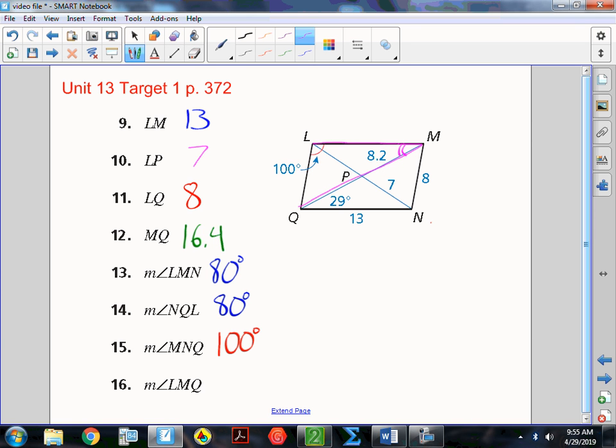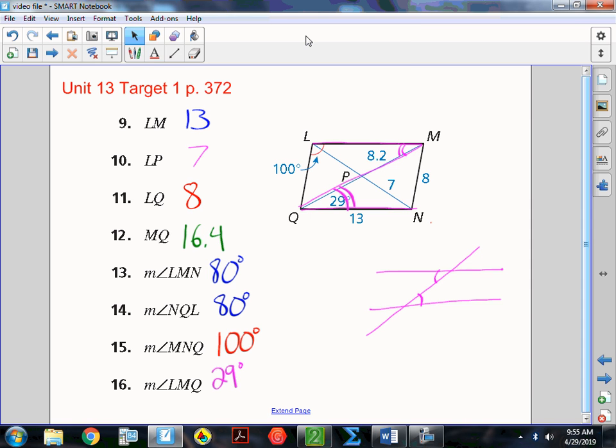It's not really half, but the top part of that, LMQ. That's going to form an alternate interior angle with this 29 degrees down at the bottom. So that LMQ is going to be the same as the 29 degree measure. Those are alternate interior angles. If we drew out the parallel lines, then we're looking at alternate interior angles. That's going to be the same 29 degrees. And that's all the things you need.